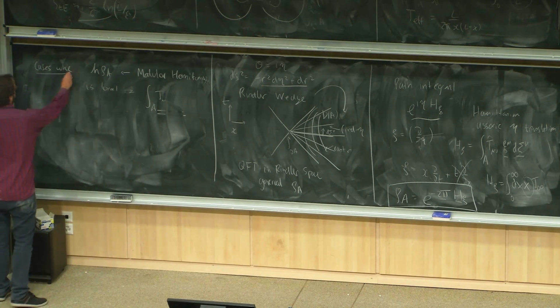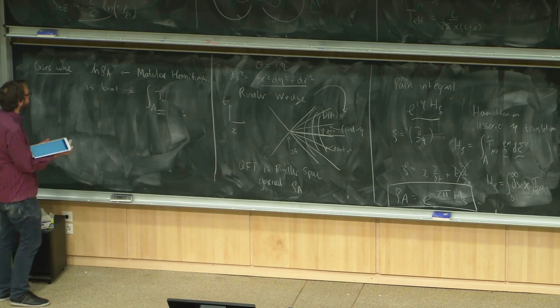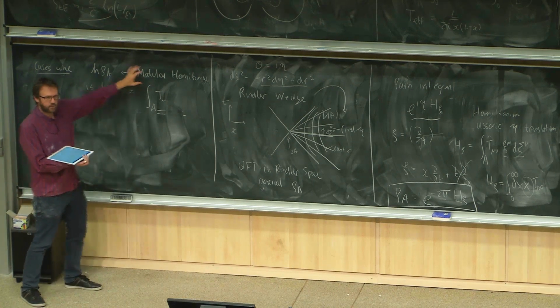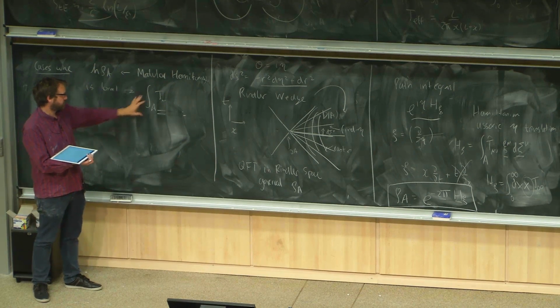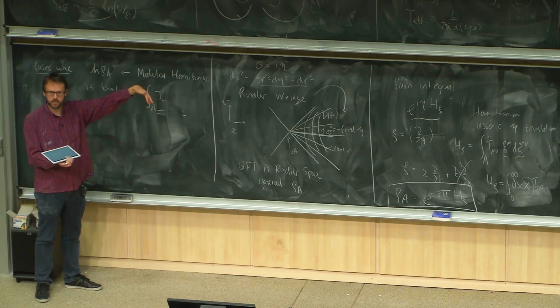There's a list of cases where this is the case. In general, you can talk about the modular Hamiltonian as the log of the reduced density matrix, and there's absolutely no reason it should be such a simple integral over the stress tensor.